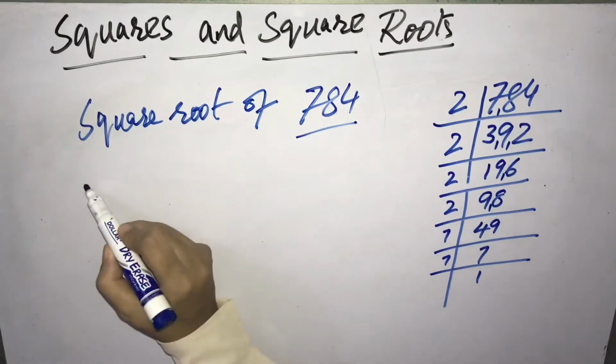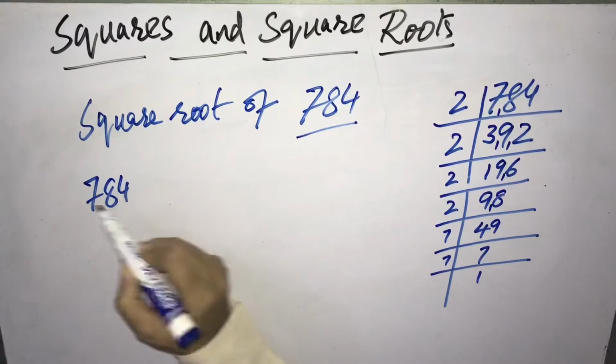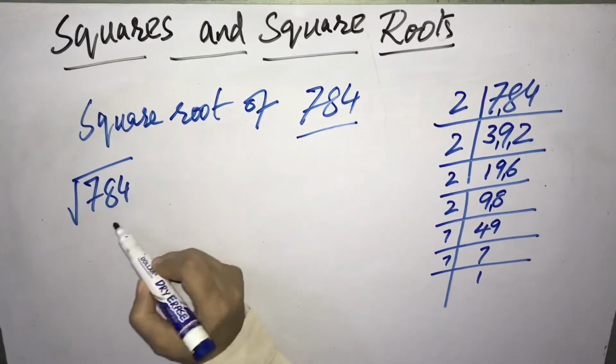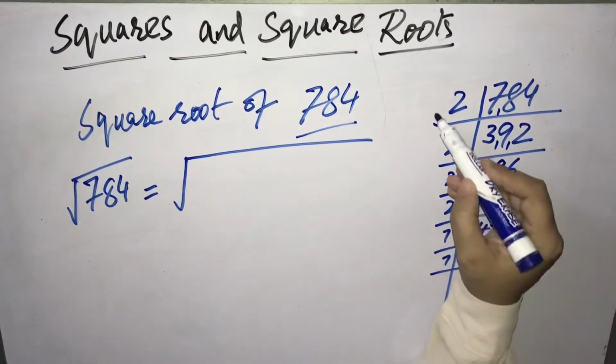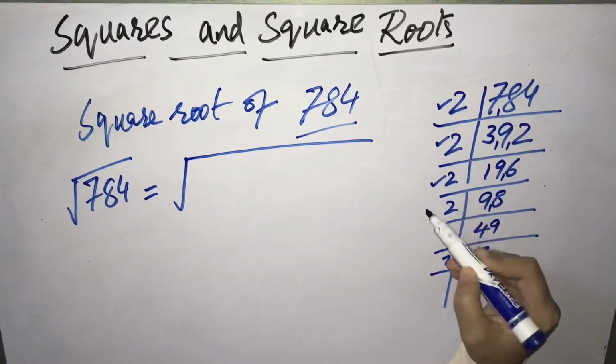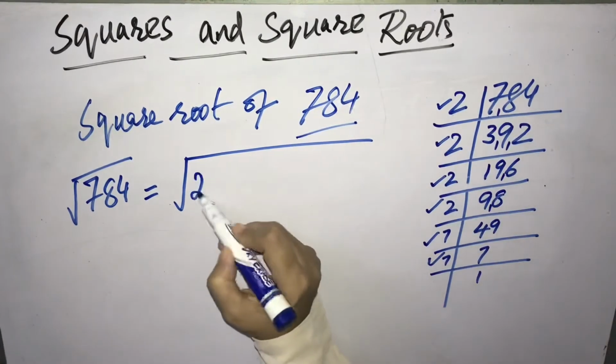Now when we have to take the square root of 784, we shall put this symbol of square root on 784, and we shall write all the prime factors inside this.